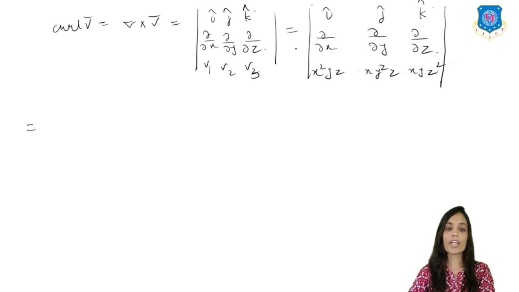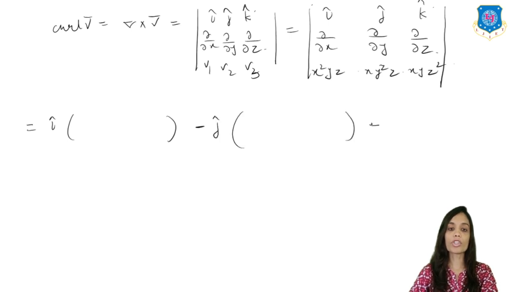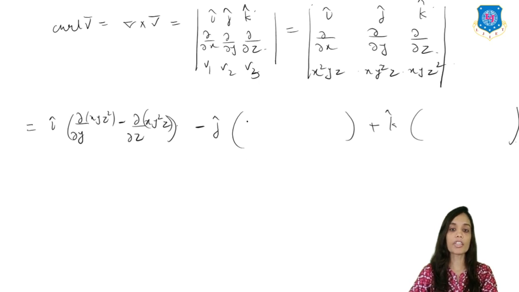Okay, so now let us find the value of the determinant. So i cap times a bracket, minus j cap times the bracket you have to solve and put over here, plus k cap times its bracket. If I solve from here, it will be ∂/∂y of xyz² minus ∂/∂z of xy²z. Similarly, from here it will be ∂/∂x of xyz² minus ∂/∂z of x²yz.